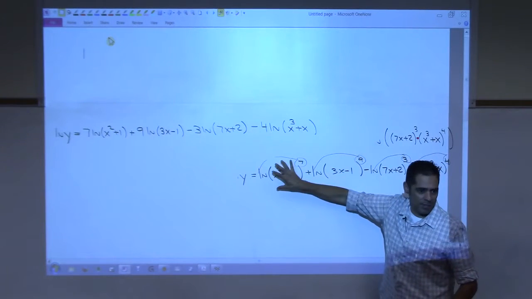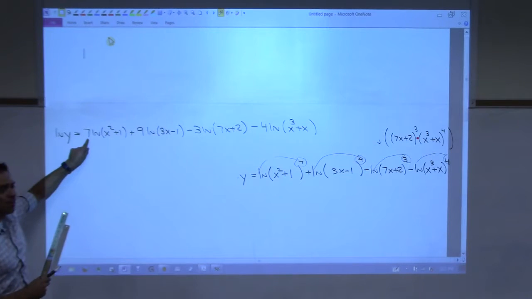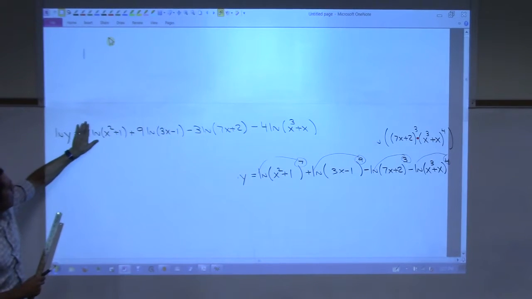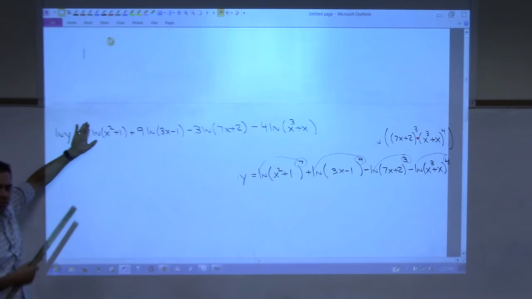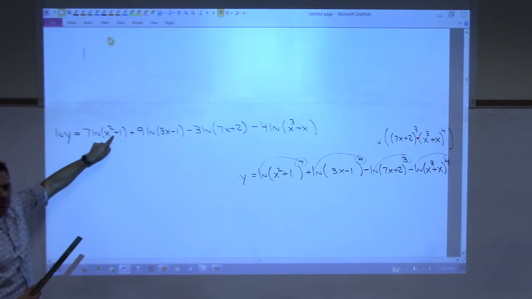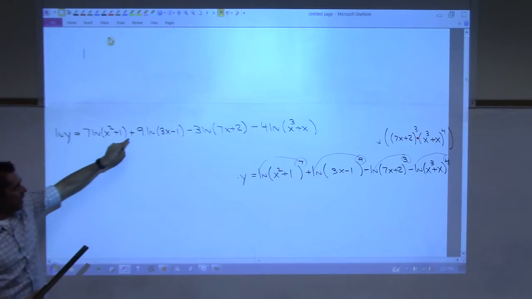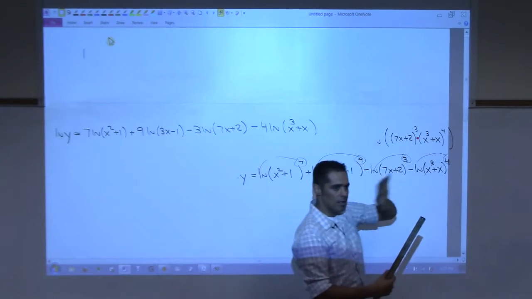That would be a mess to do. But by having the 7 out front now, that's just a constant that's going to come for the ride, isn't it? And I'm just taking the derivative of that. The derivative of the natural log of something is just 1 over the something, right? Then I have to take the derivative of what's inside. 2x, I'd be done. That's going to be clean. That's going to be clean. They're all going to be clean.